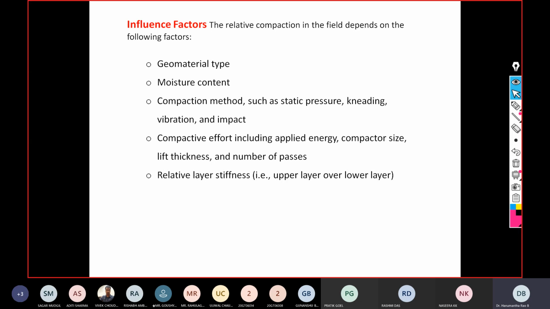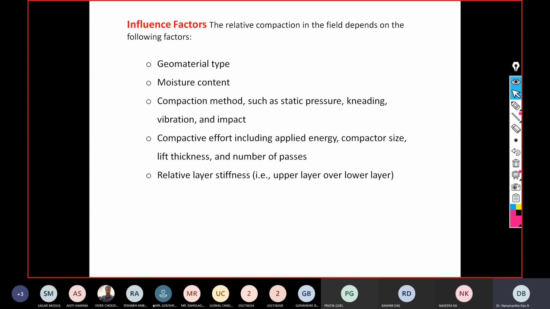Then another important factor is the thickness of the soil layer. You again need to optimize how many passes, because if the lift thickness is too much, then the bottom soil might not be compacted properly.